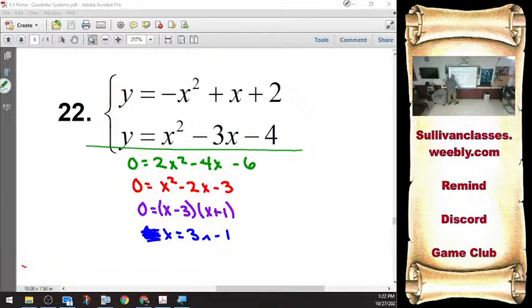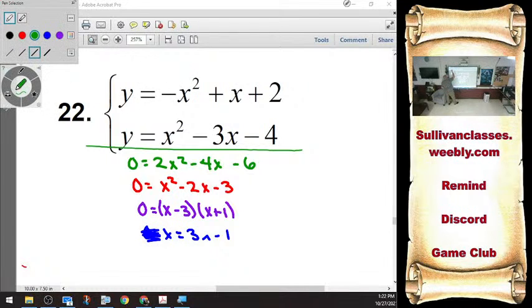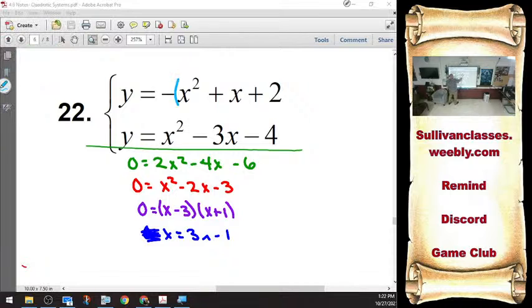So if I plug in 3 and negative 1 respectively, 3 squared is 9, negative 9, plus 3 is negative 6, plus 2.